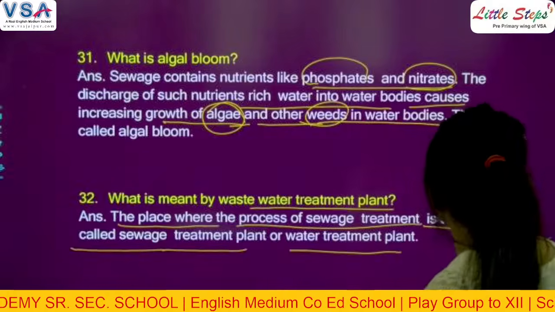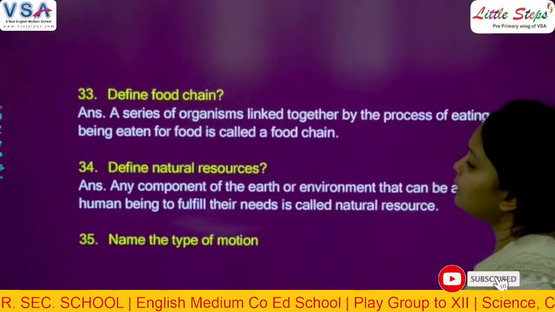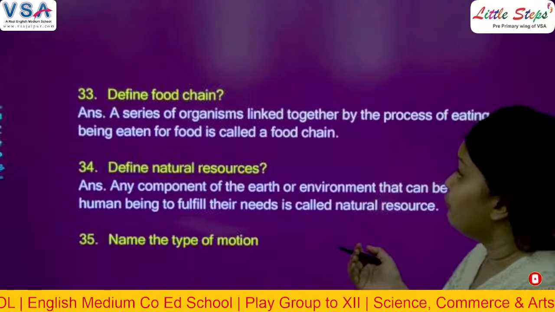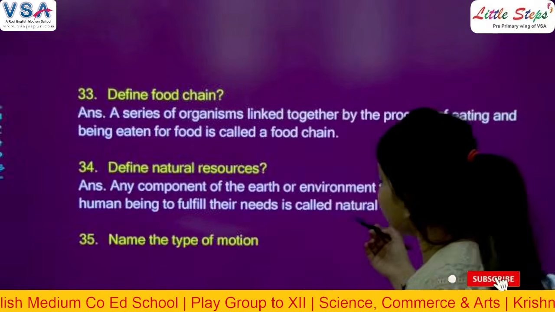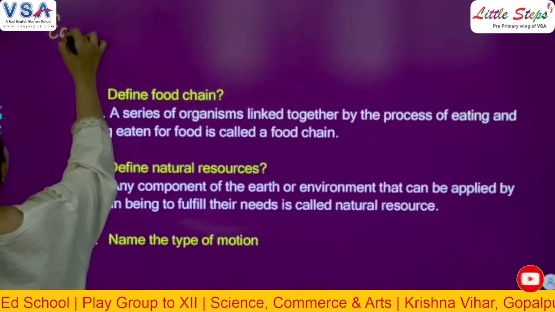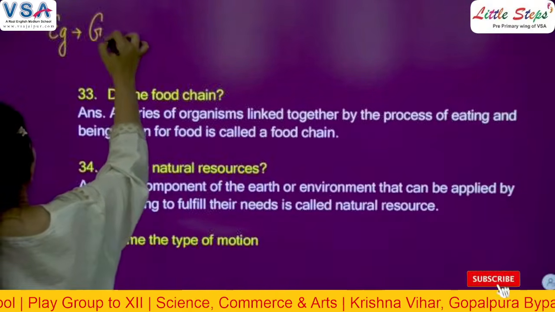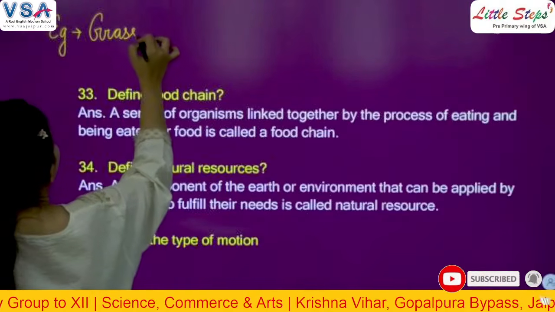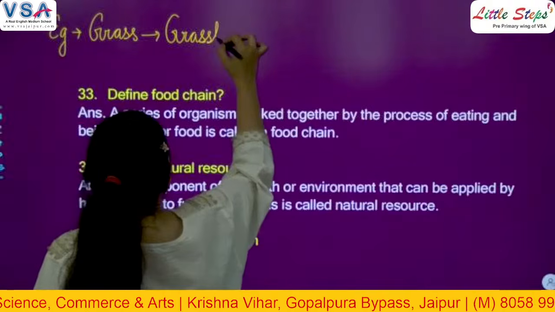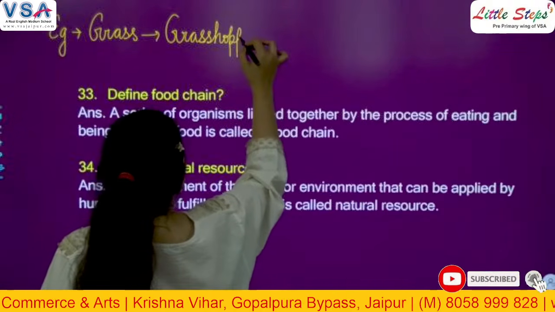Okay, moving on to the next question. Define food chain. I have given you an example in my class. Firstly, the grass will be eaten by a grasshopper. You know grasshopper?